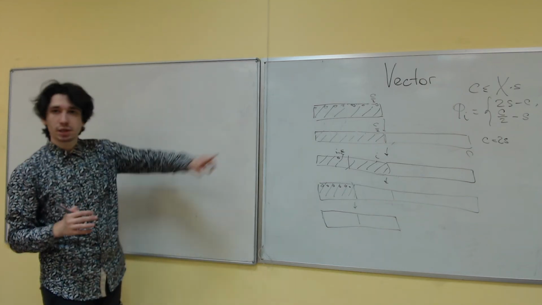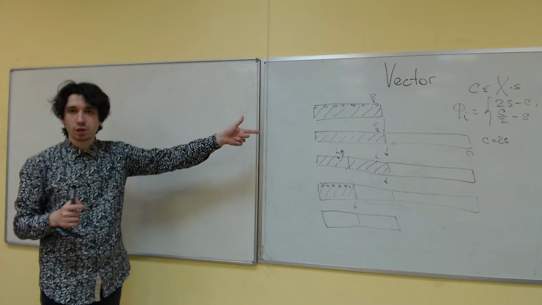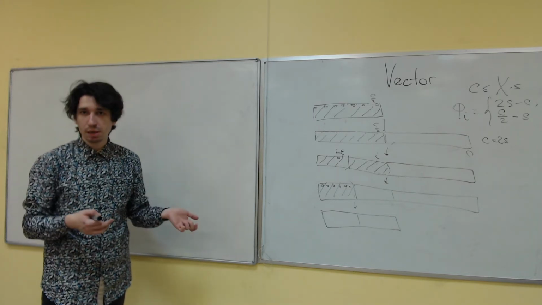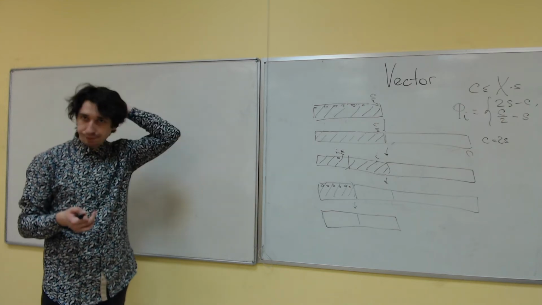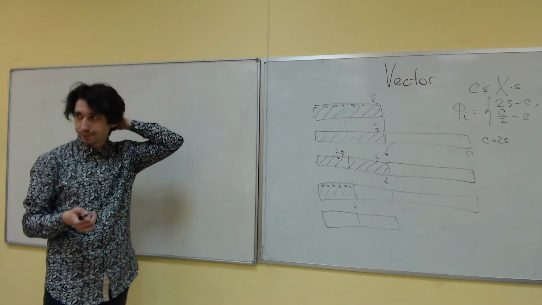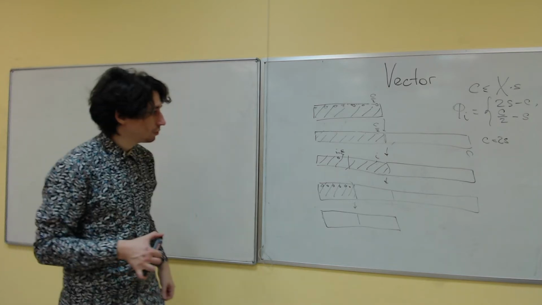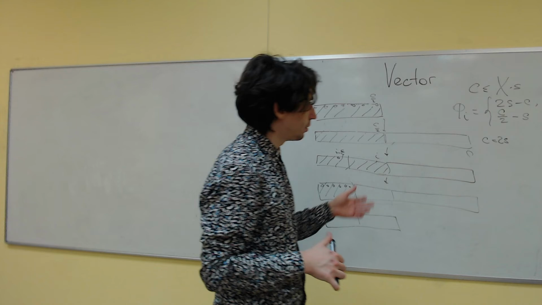So this is the potential: if you want to prove it not with coins but using the potential function, you can do the same and use this potential. There is nothing really more here.